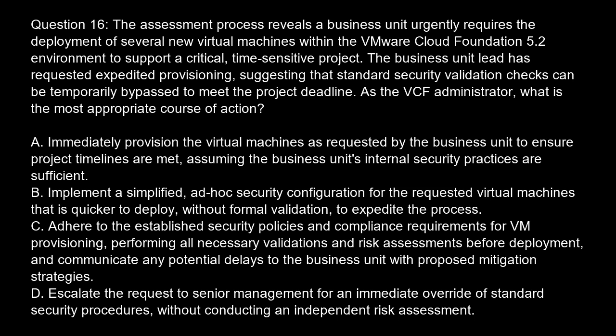Option C. Adhere to the established security policies and compliance requirements for VM provisioning, performing all necessary validations and risk assessments before deployment, and communicate any potential delays to the business unit with proposed mitigation strategies. Option D. Escalate the request to senior management for an immediate override of standard security procedures without conducting an independent risk assessment.